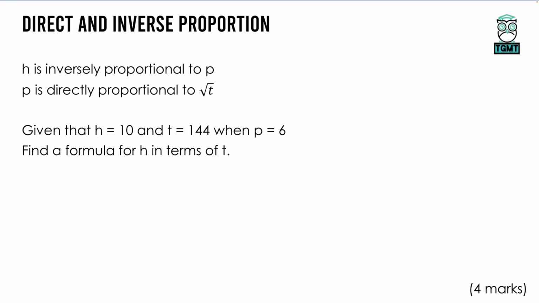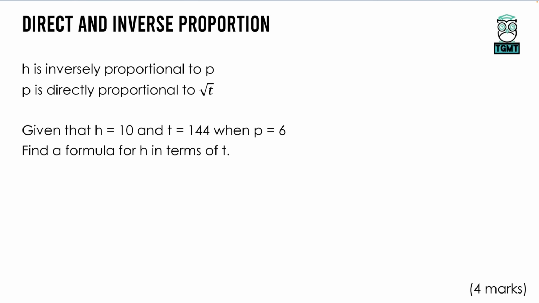When looking at direct and inverse proportion, we need to know the formulas, or equations of proportion, that we're going to use. It says here h is inversely proportional to p, and p is directly proportional to root t. It then says, given that h is equal to 10, t is equal to 144 when p is 6, find a formula for h in terms of t.